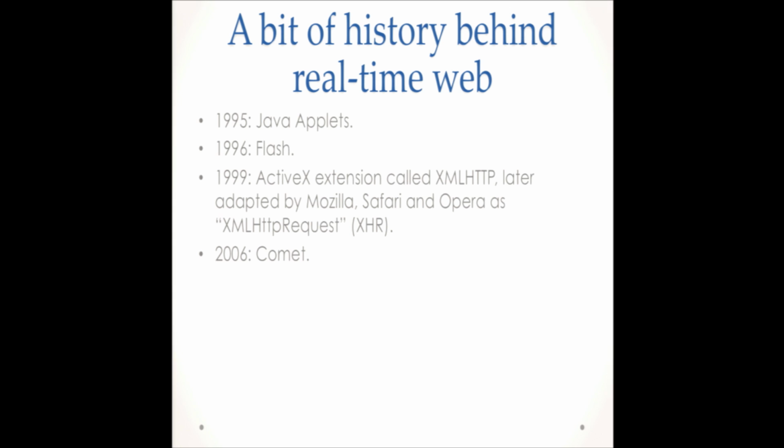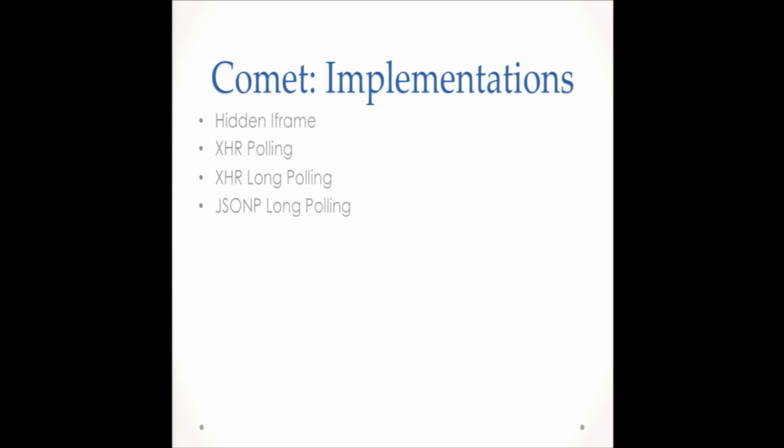Some of the implementations that came with Comet: hidden iframe, XHR polling, long polling, and JSON-P. There are some others, but I took these ones as an example because the demo that I plan to show basically uses these concepts.